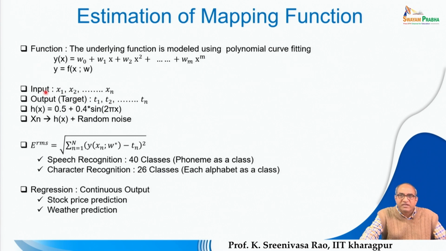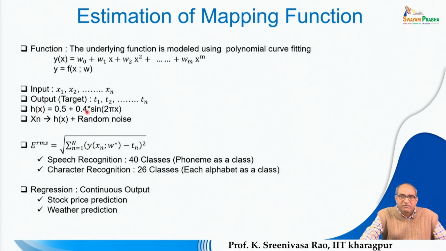That means when you give x1 as the input, t1 will be the outcome; when you give x2, t2 will be the output; when you give xn, tn will be the output. By giving these pairs of inputs and outputs, we need to predict the underlying system function. Predicting the underlying system function is nothing but estimating the degree of the polynomial and then the coefficients of the polynomial.